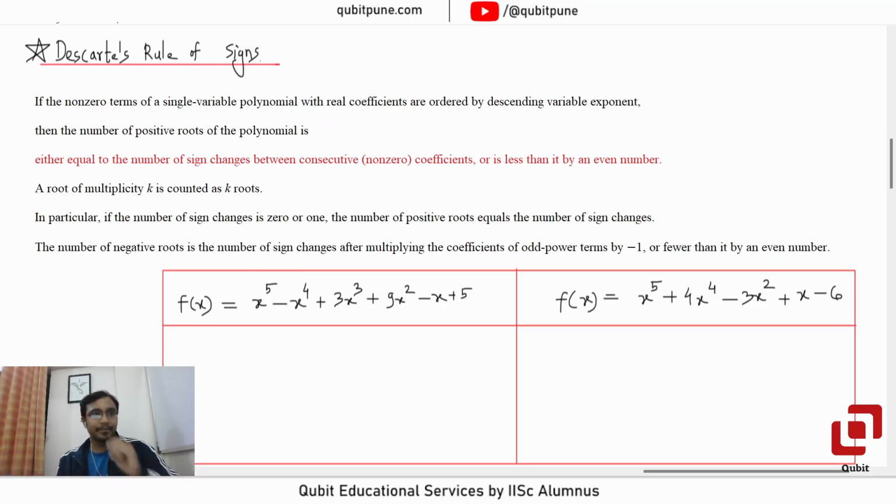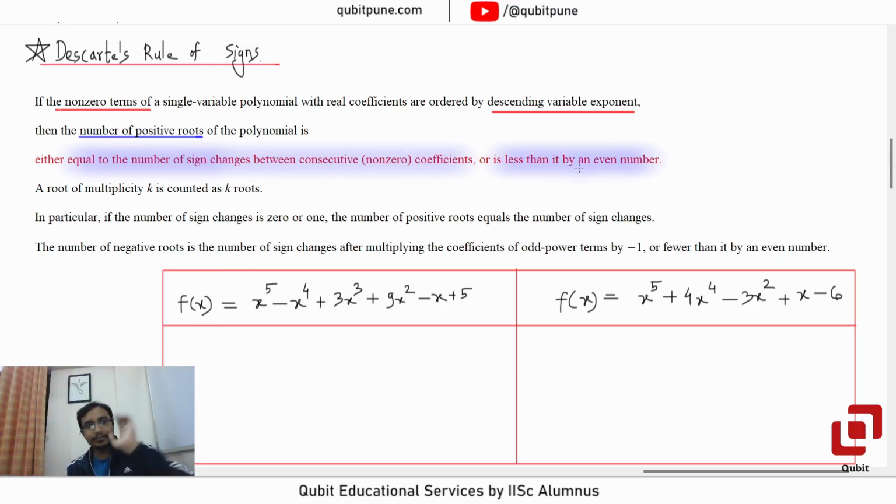First, if the non-zero terms of a single variable polynomial with real coefficients are ordered by descending variable exponent, then the number of positive roots is either equal to the number of sign changes between the consecutive non-zero coefficients, or is less than it by an even number.